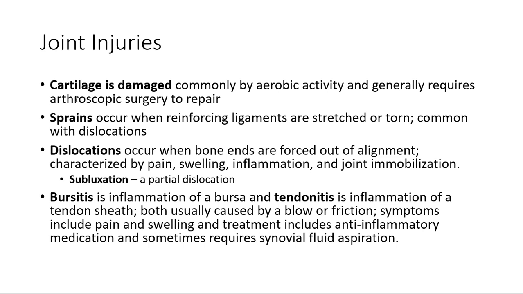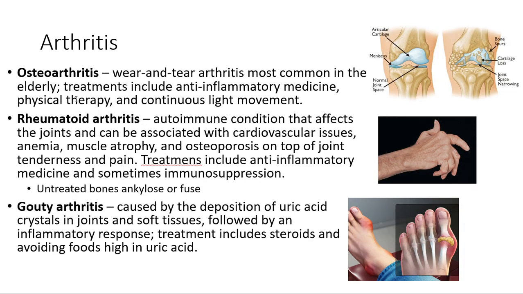Then there's bursitis and tendinitis. The bursa and the tendon sheaths can become inflamed, and both usually become inflamed from either a blow or friction, some type of trauma. Symptoms include pain and swelling, and recommended treatments are anti-inflammatory medication, and sometimes even synovial fluid aspiration. We can also look at other conditions that affect joints, like arthritis.